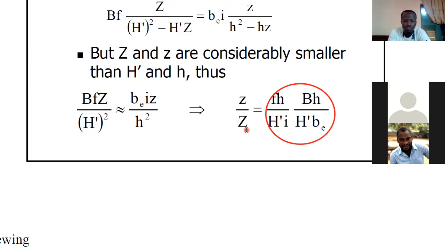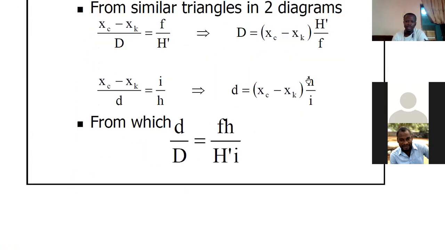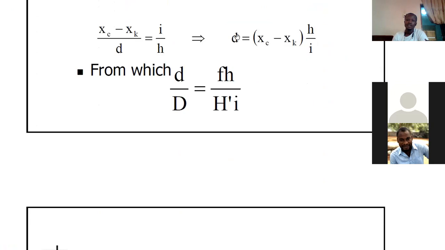So there we go. We can now write this. Let's move on to the next page. See something that we are missing. We can also prove that this D over D is FH over HI. What's the interesting thing about that? We are just comparing the distance.